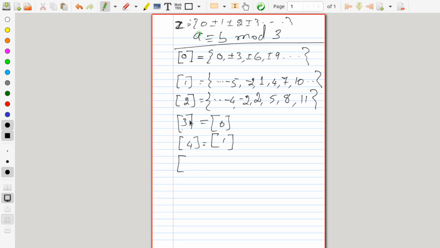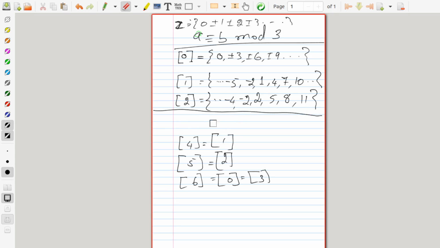And the equivalence class of 5 is equal to the equivalence class of 2. Then again the equivalence class of 6 is equal to the equivalence class of 0, equal to the equivalence class of 3. Therefore after this point, what we get is only a rotation of the equivalence classes we already generated.